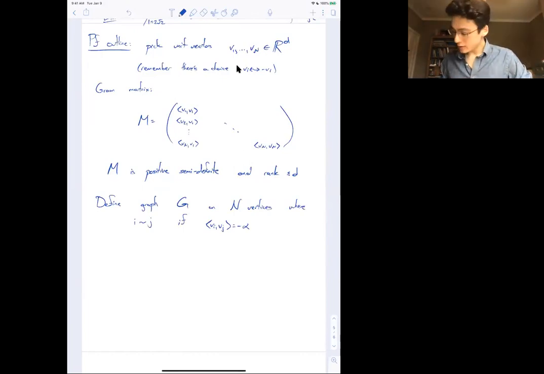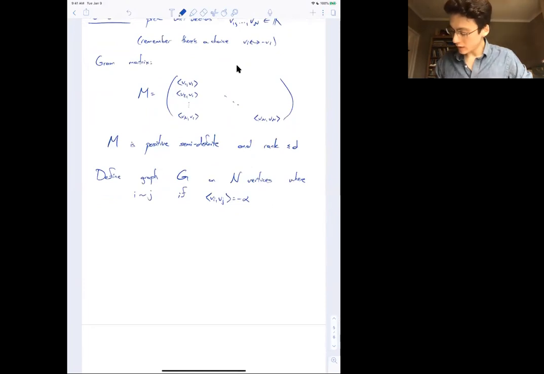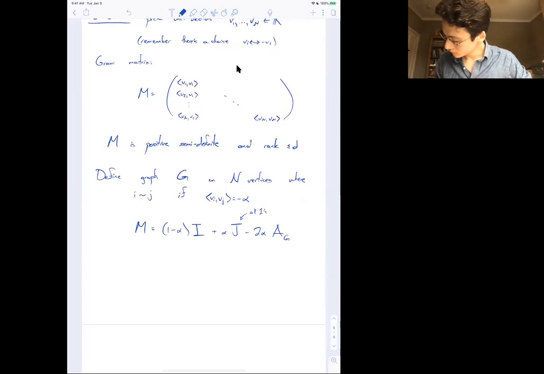And once I've done this, I can express the Gram matrix M in terms of the adjacency matrix of G. The precise formula I get, it turns out, is M is (1 minus alpha) times the identity plus alpha times the all ones matrix minus 2 alpha times the adjacency matrix of G. So this is just some formula you can check.